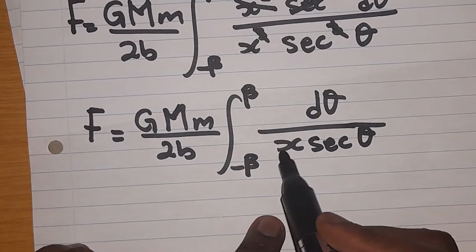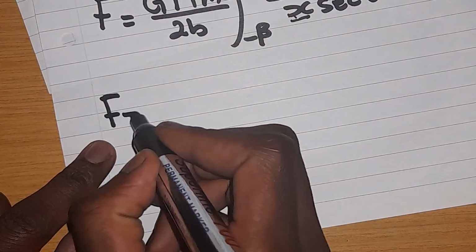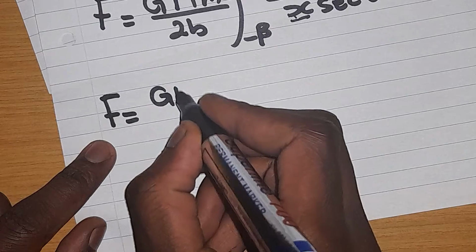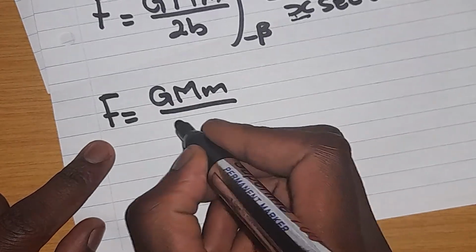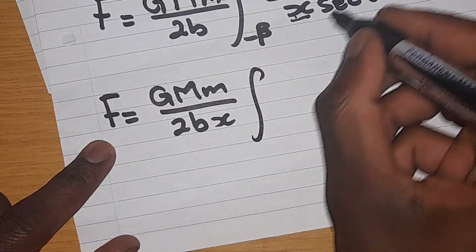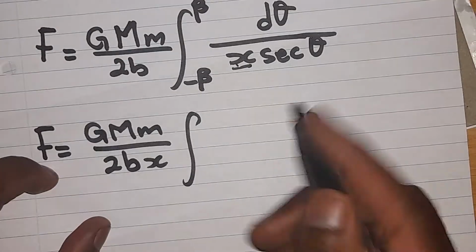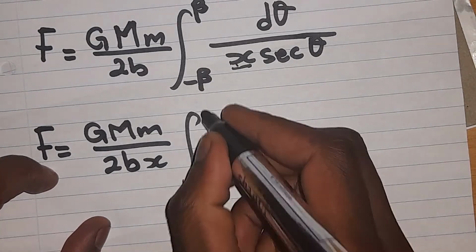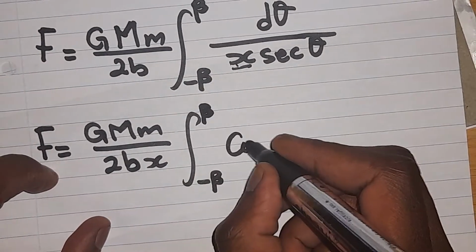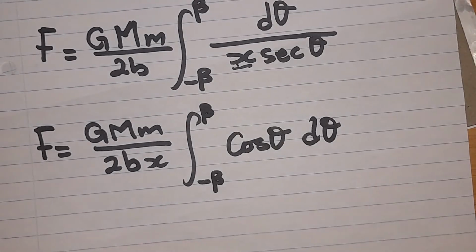But if we still remember, our x is a constant, so we can pull it out of the integral. Then we'll be left with F equal to G capital M small m all over 2bx, the integral of 1 over sec, which is still cos, so we have negative beta to beta of cos theta d theta.